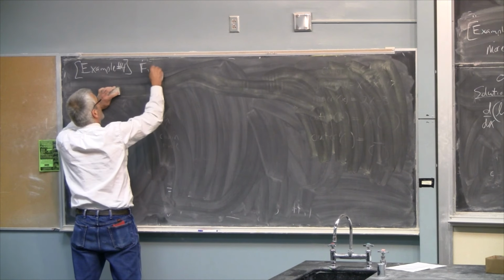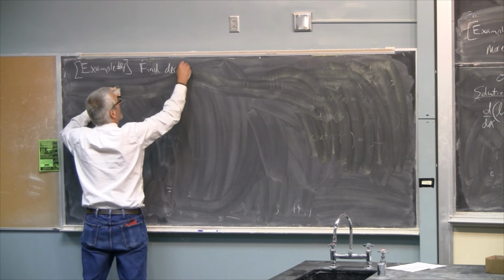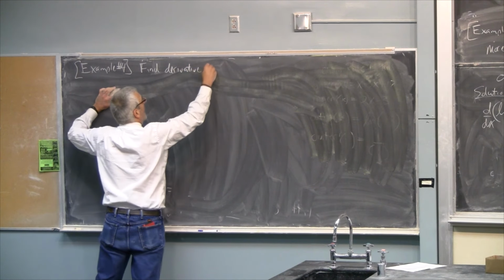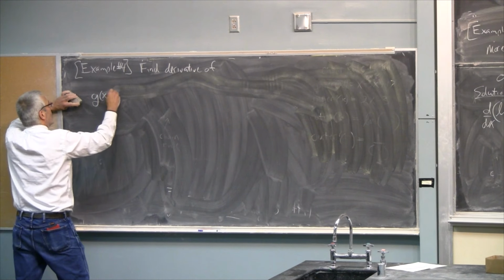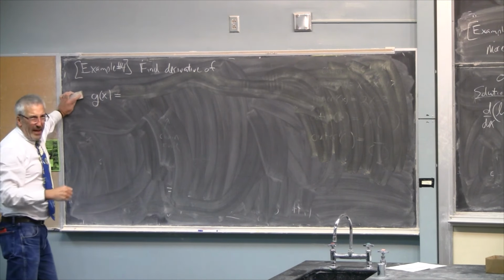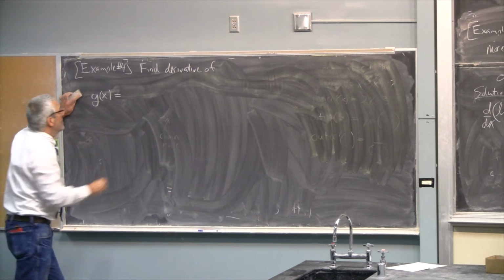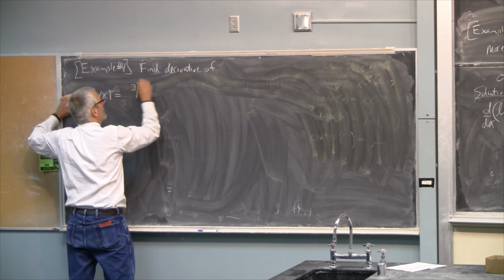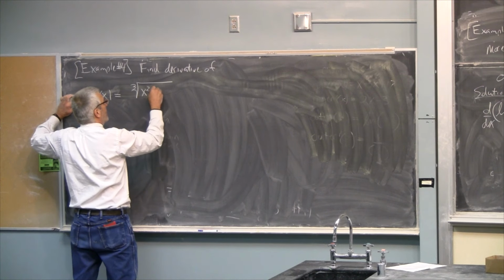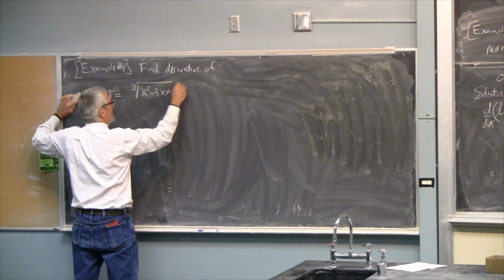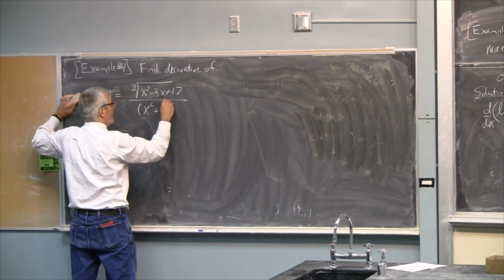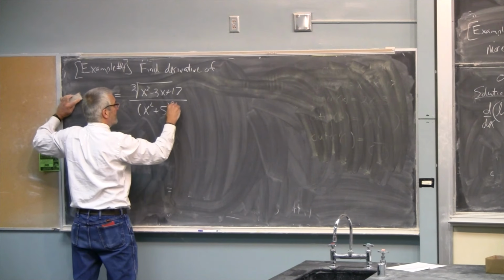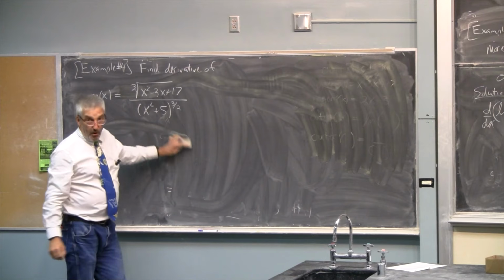Find the derivative of this function, g of x, which doesn't look so bad, is the last one. It's the cube root of x squared minus 3x plus 17, divided by the other term, x squared plus 5 to the 3/2, but it's not wrapped in a logarithm.